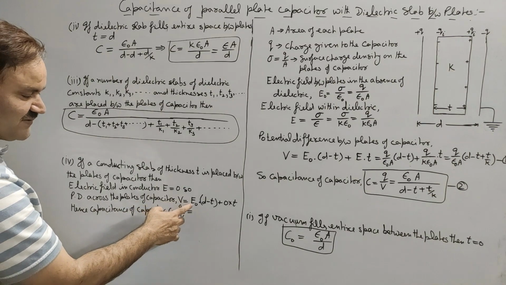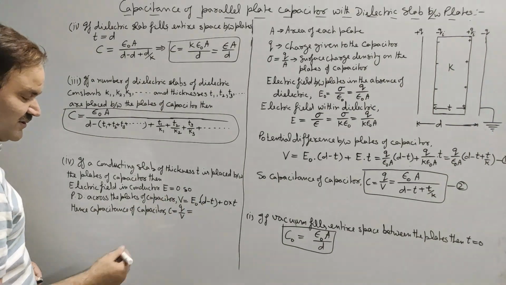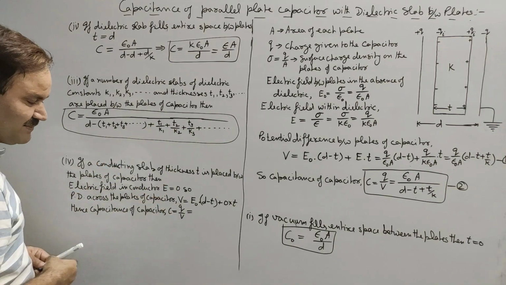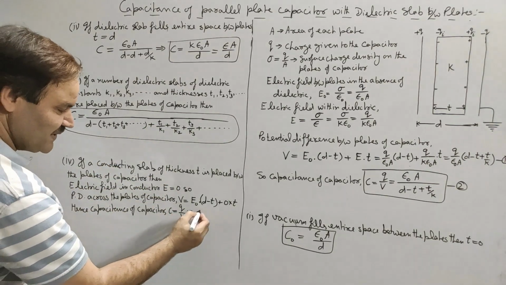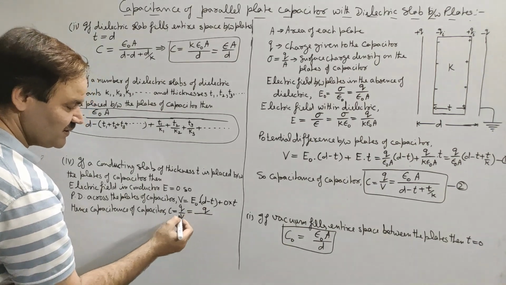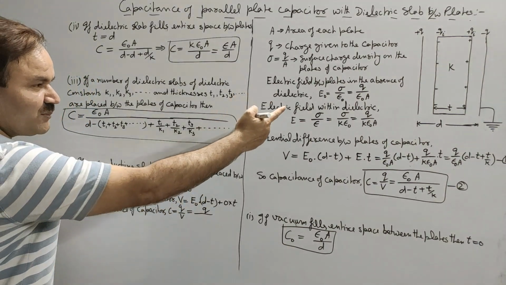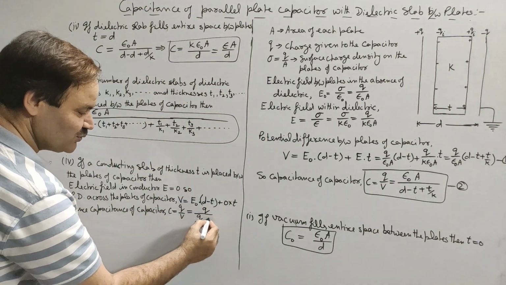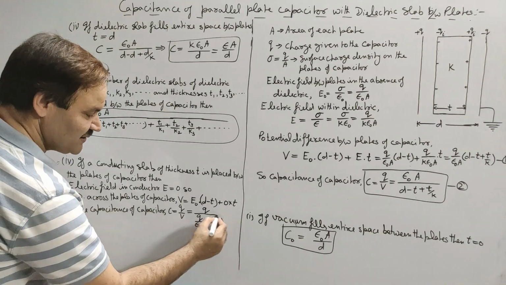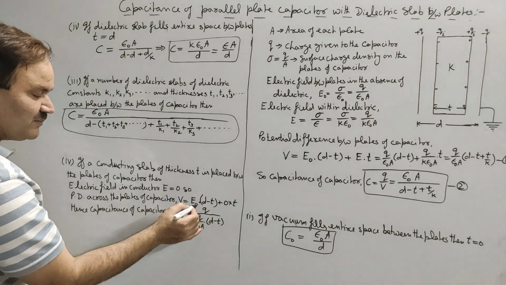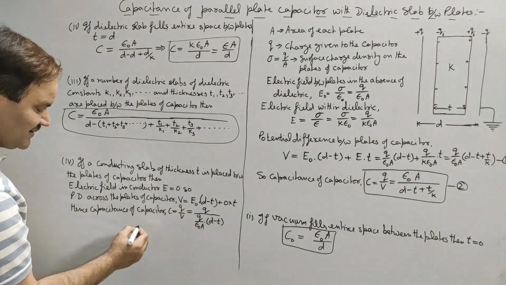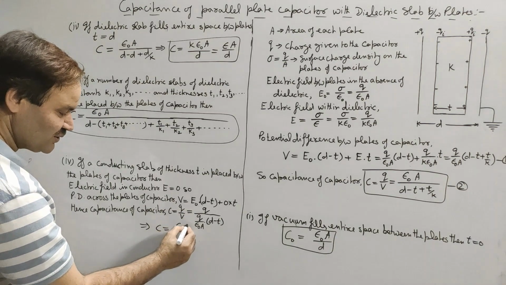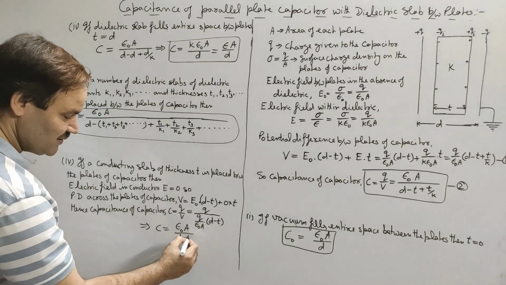So the potential difference will be E naught into d minus t. So the capacitance of the capacitor partly filled with a conducting slab will be Q upon V, meaning Q upon E naught, which is Q upon epsilon naught A, into d minus t. This time epsilon naught A will come to the numerator and Q will get cancelled. So we get the capacitance of the capacitor as epsilon naught A upon d minus t.